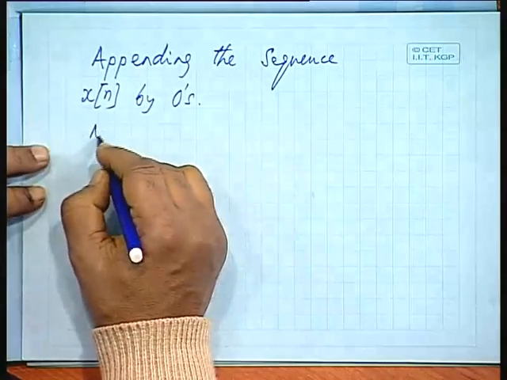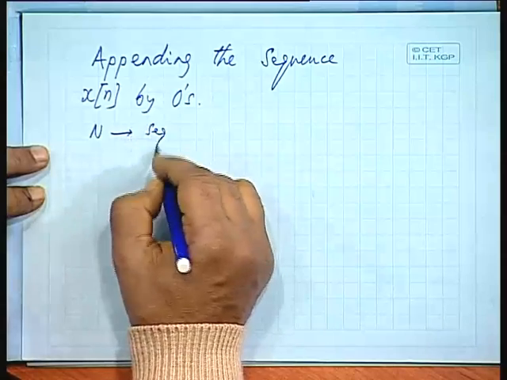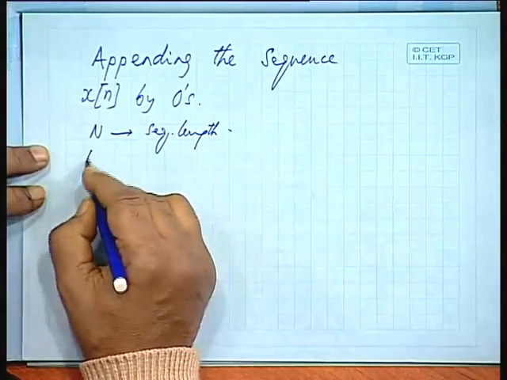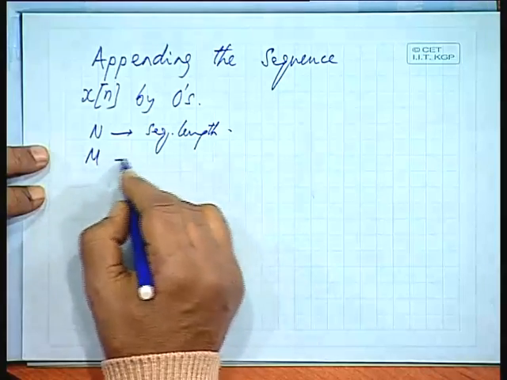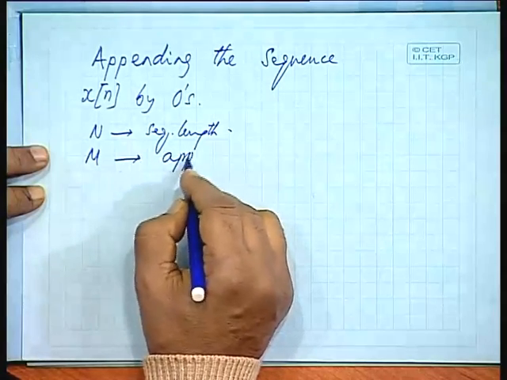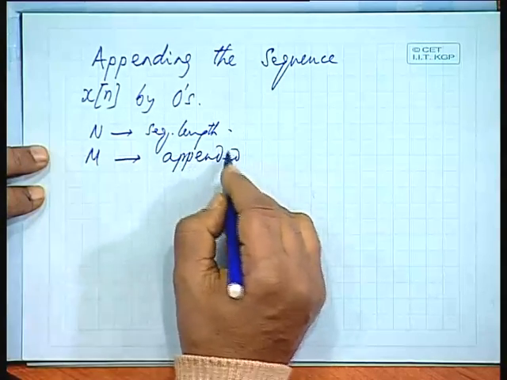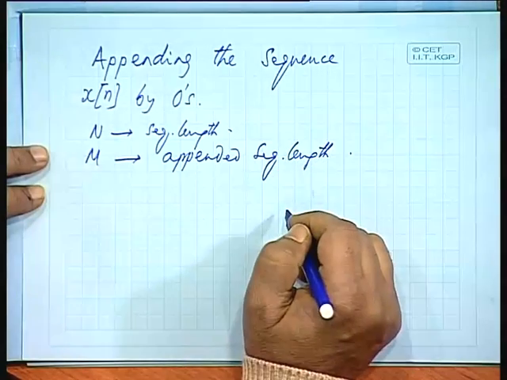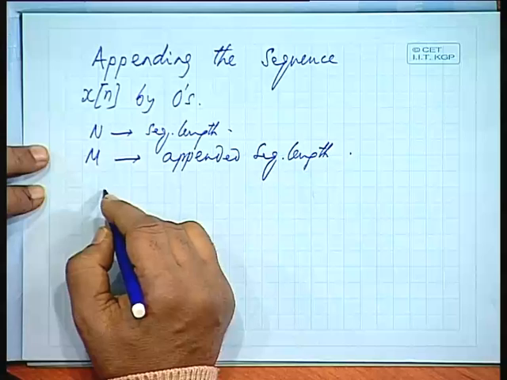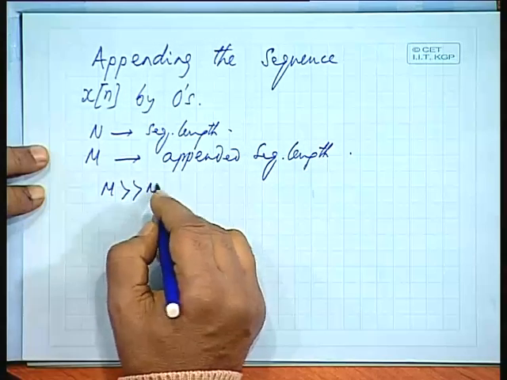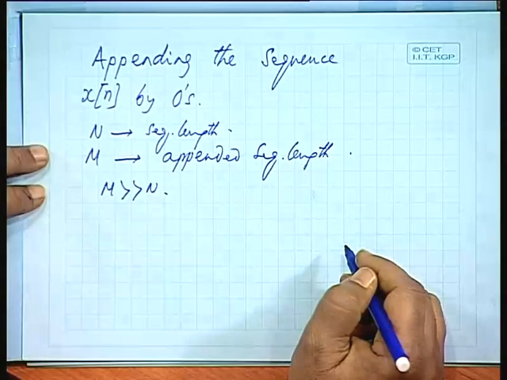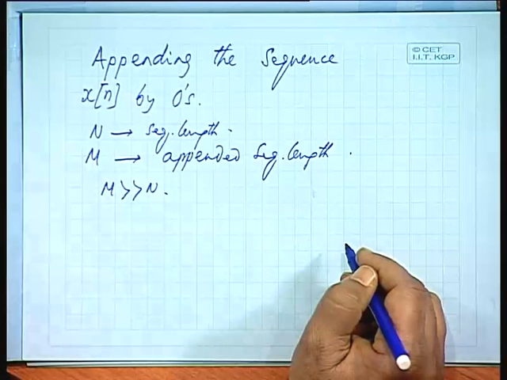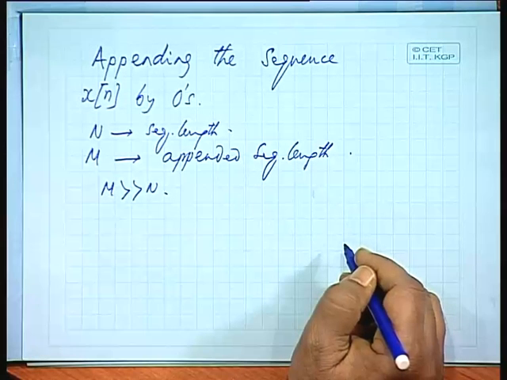The sequence length was N and M is the appended sequence length. So, M is much greater than N. This is the practical way of computing the DTFT from the DFT.